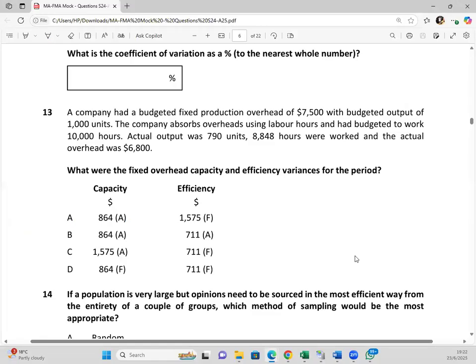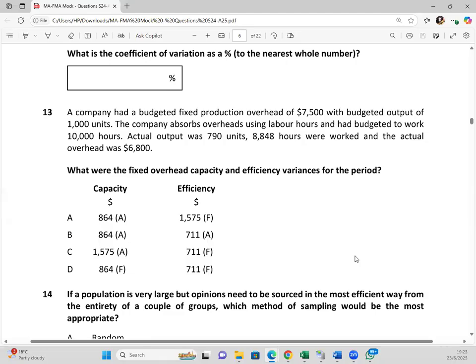So what's our budgeted overhead? 7.5 over our budgeted hours. So how many hours did we budget? Our output was 1,000 and we had budgeted 10,000 hours. So OAR is the budgeted overhead over the budgeted hours.